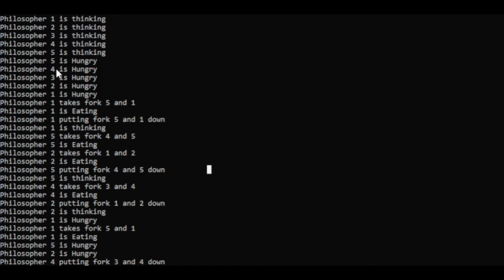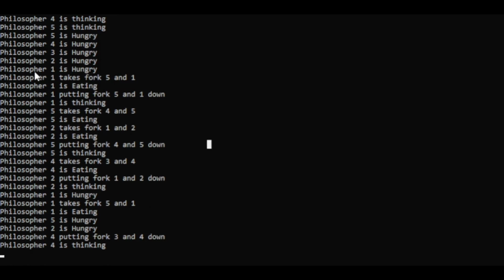Also philosophers 4, 3, 2, 1 are hungry. All of them are hungry. The first one to take the forks is philosopher 1. He takes forks 5 and 1, and he is now eating. Then he puts forks 5 and 1 down, and now he is thinking again.